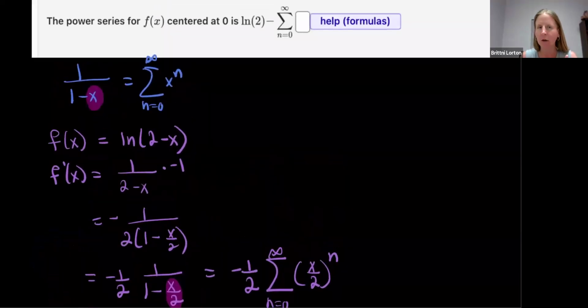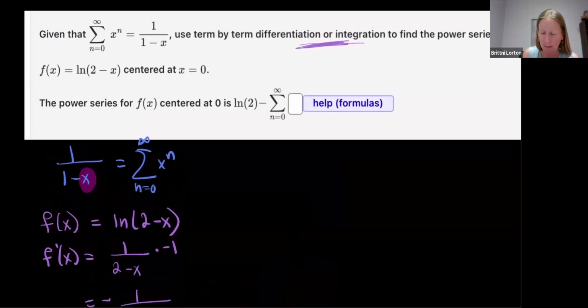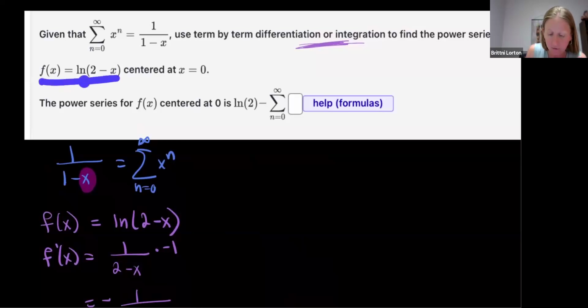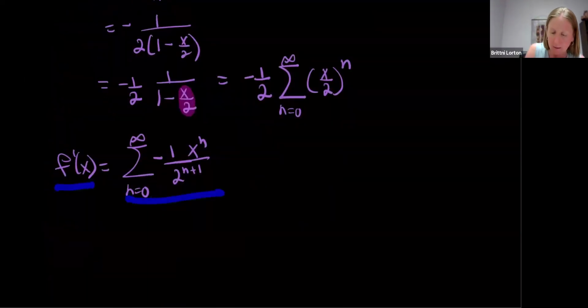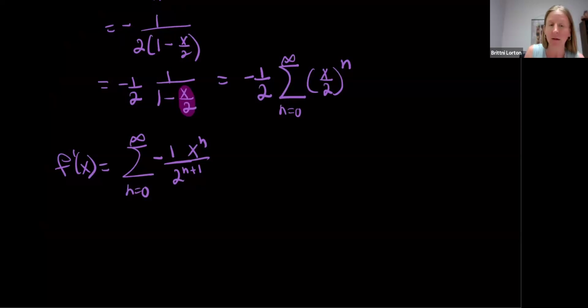If I go back and look, though, the question is asking me for a power series of my original function, f of x. I want a power series of my function, f of x. So I've got to be pretty careful with that. Right now I have a power series for f prime. What I need is a power series for f of x. So how do I go back to f of x?